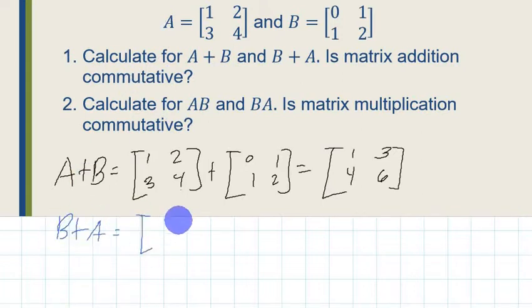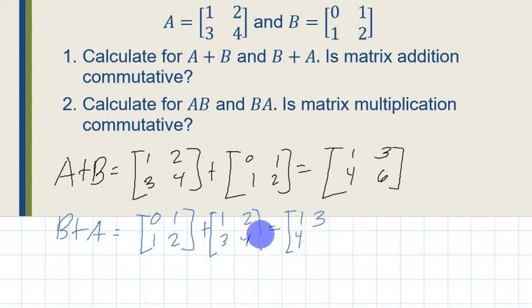B plus A would be 0, 1, 1, 2 plus 1, 2, 3, 4. So 0 plus 1 is 1, 1 plus 2 is 3, 1 plus 3 is 4. Oops, we forgot to close that. And 2 plus 4 is 6. So we can see here that A plus B and B plus A have a similar result. So it would be safe to say that matrix addition is commutative.